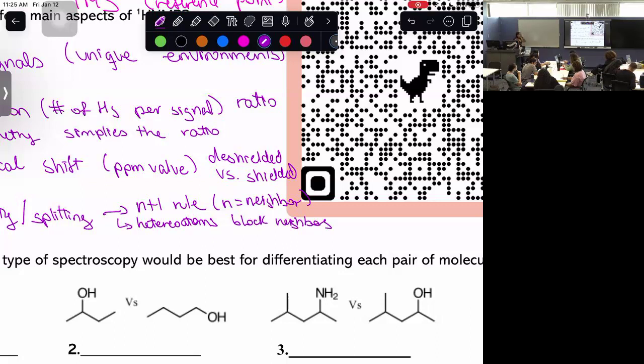Now, another rule is that, yes, neighbors have to be adjacent, but there's a max. The max is that your neighbors have to be within 3 bonds. If they are 4 bonds away, that's not a neighbor. If they are 2 bonds away, that is a neighbor, okay? Has to be within 3 bonds.